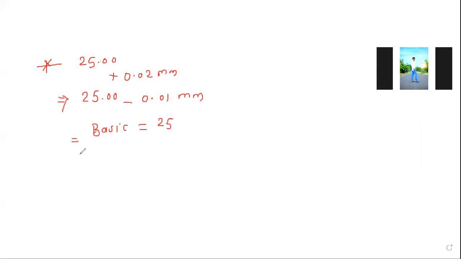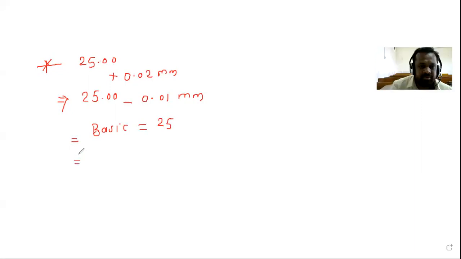Then tell me the upper limit. What is meant by the upper limit? 25.02. Yes. Just a minute. Upper limit is equal to 25 plus 0.02. It will be 25.02.